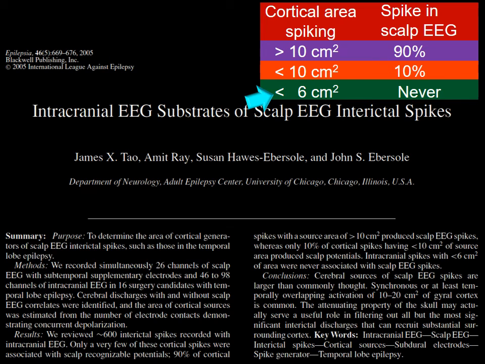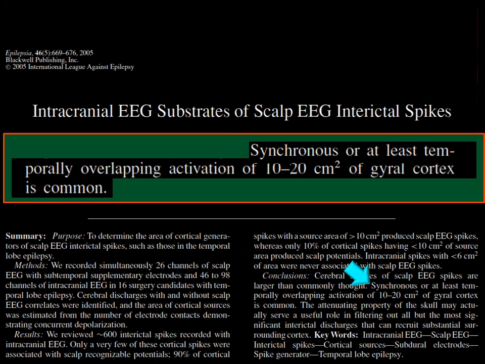When the cortical area was less than 6 square centimeters, spikes were never recorded. The conclusion of this study was that for scalp EEG spikes to be recorded, a large area of cortex must be involved. This area must be in the order of 10 to 20 square centimeters.